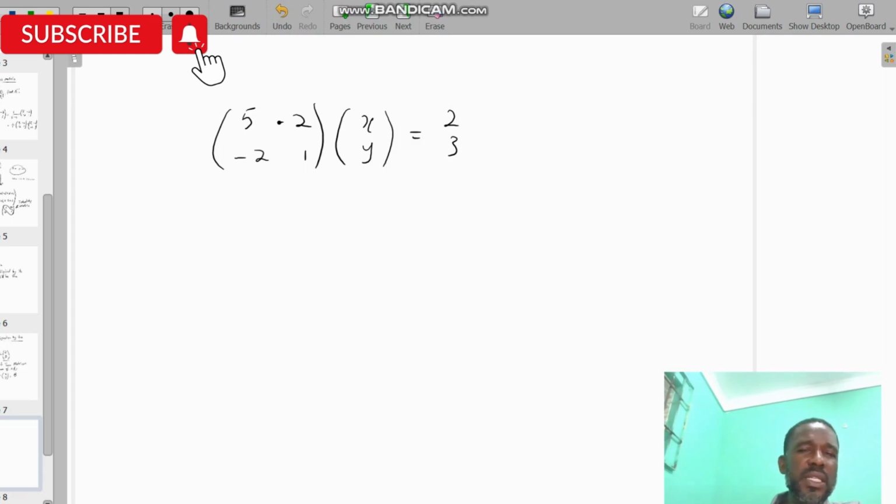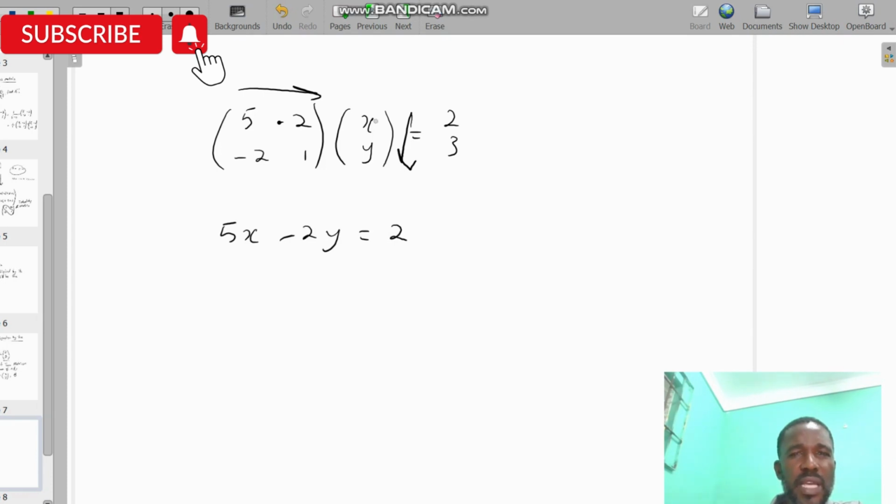So how do I know this is a simultaneous equation? Applying the concept of multiplying two matrices, we know it's a row of the first multiplied by the columns of the second. So 5 times x will give us 5x, and -2 times y will give you -2y, and that is equal to 2.